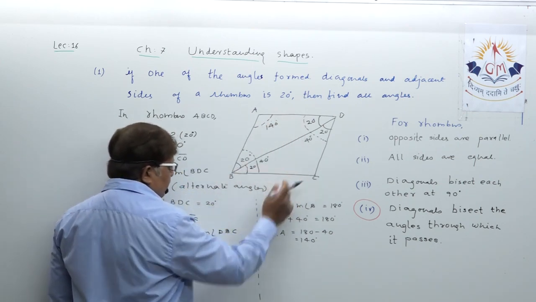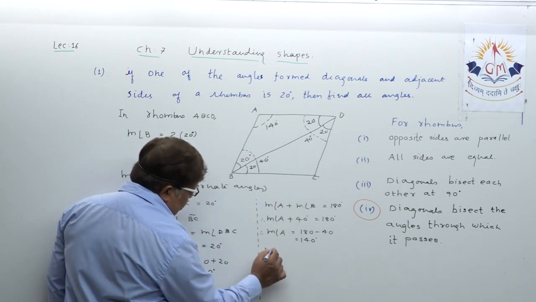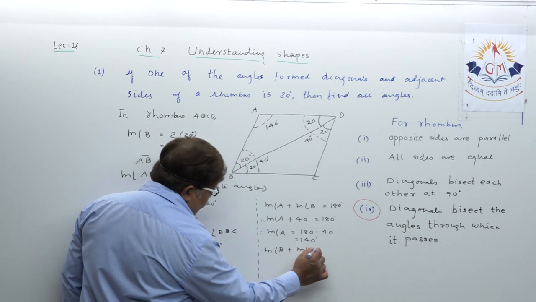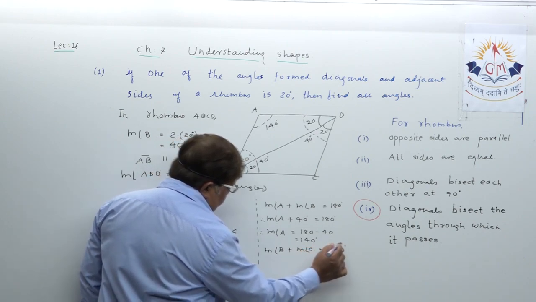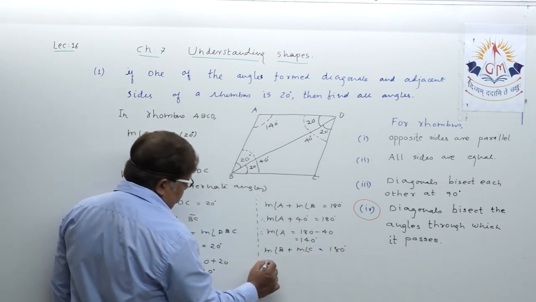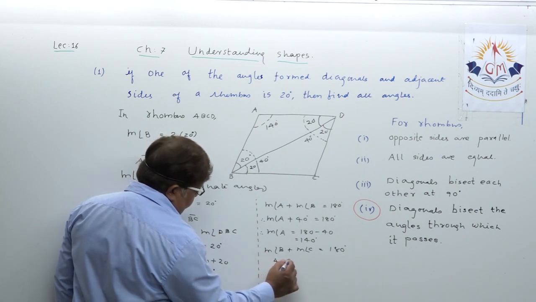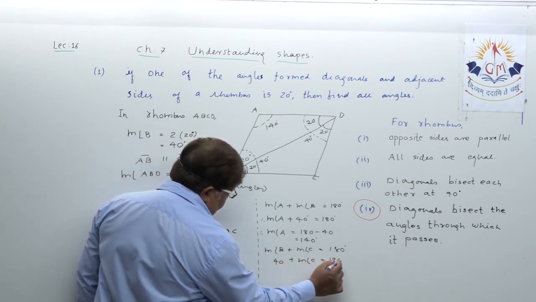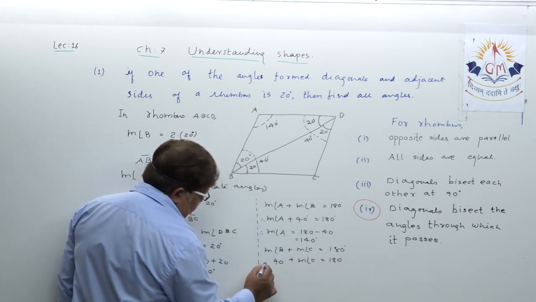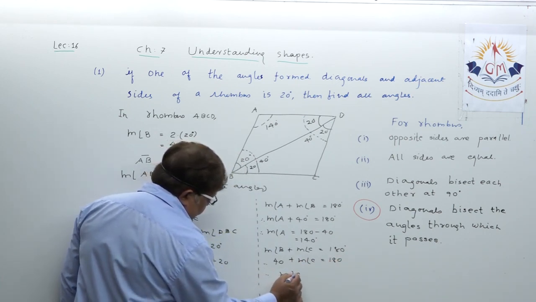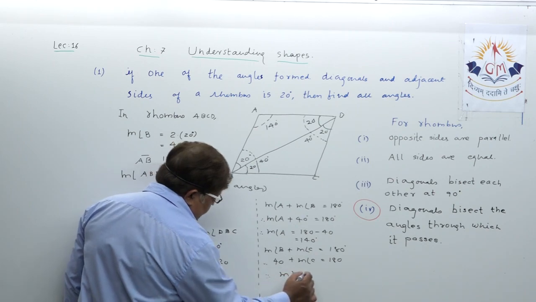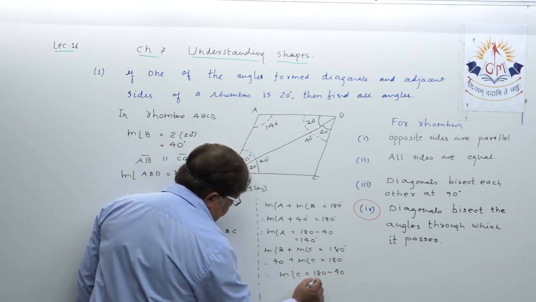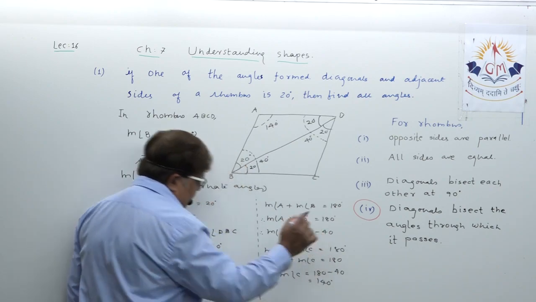Similarly, you can take B and C also, because they are also making an adjacent pair of angles which are supplementary. So 40 plus measure angle C equal to 180. So measure angle C equal to 180 minus 40. This is 140 degrees.